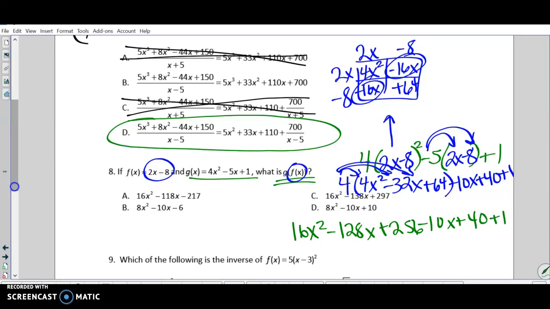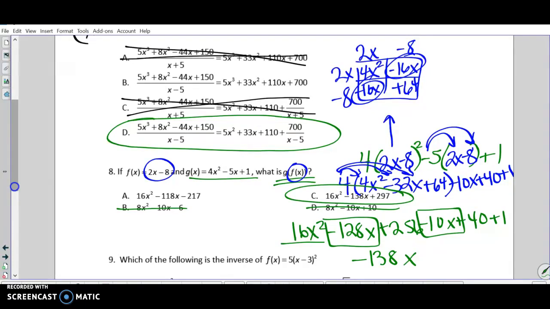So 16x squared is by itself, it's the only x squared. Ooh, so I can go ahead and eliminate B and D. Then I'm going to work with my x's. Negative 128x and negative 10x is negative 138x. Oh, so that leaves me with only C as my answer.